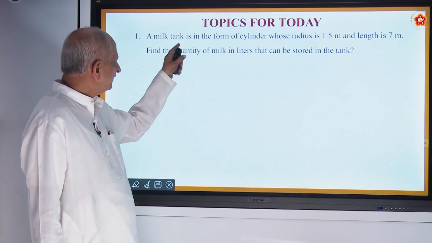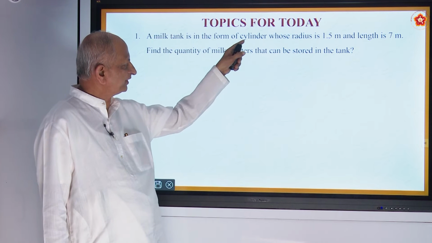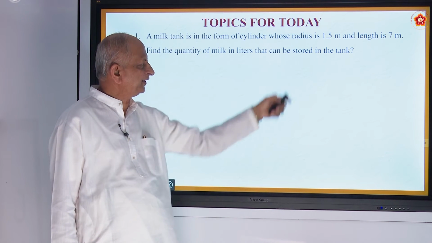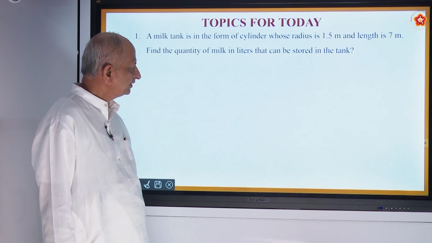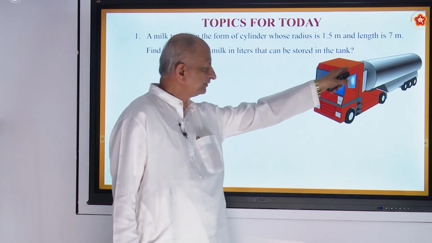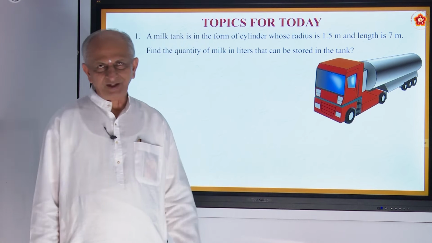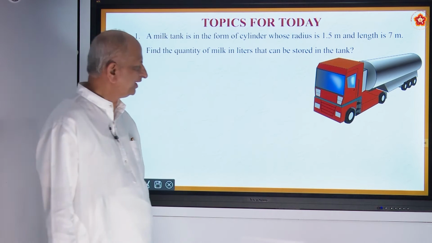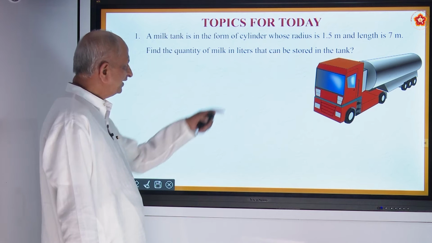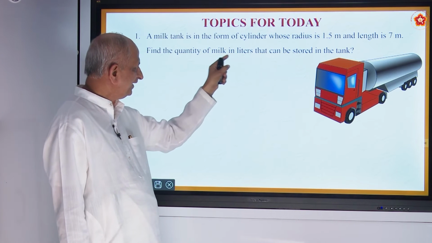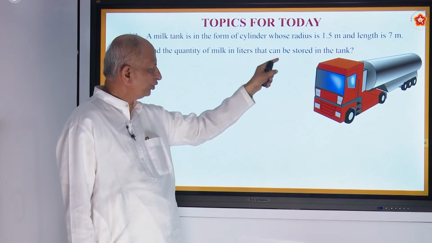A milk tank is in the form of a cylinder whose radius is 1.5 meters and length is 7 meters. You have seen lorries carrying milk, is it not, in huge cylinders. Find the quantity of milk in liters that can be stored in the tank.